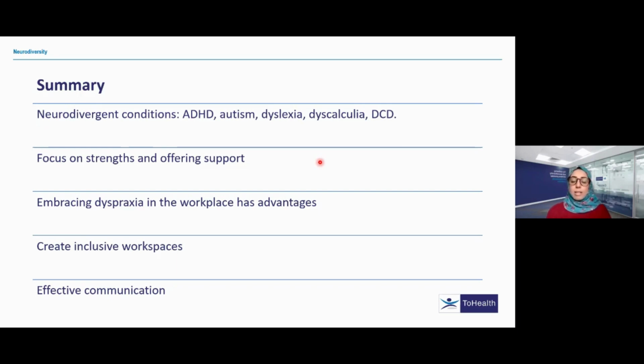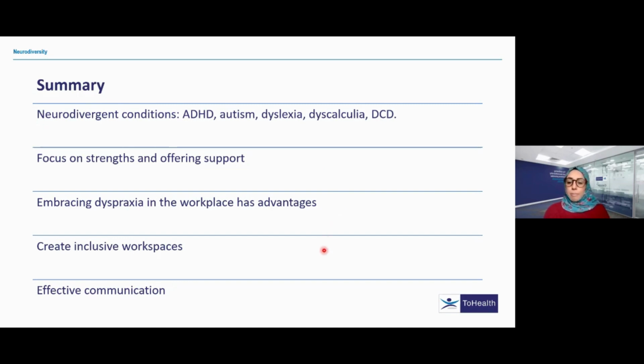And as an employer, if you try to create inclusive spaces and employ effective communication strategies, all of these can be essential steps towards maximizing the benefits of neurodiversity in a team or an organization.